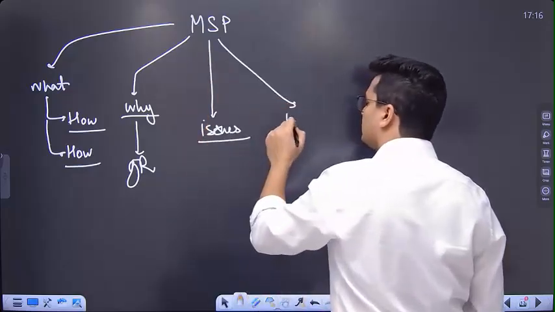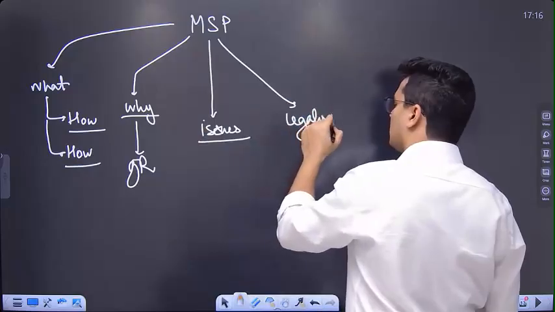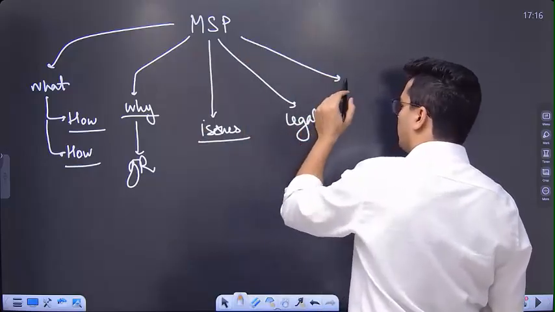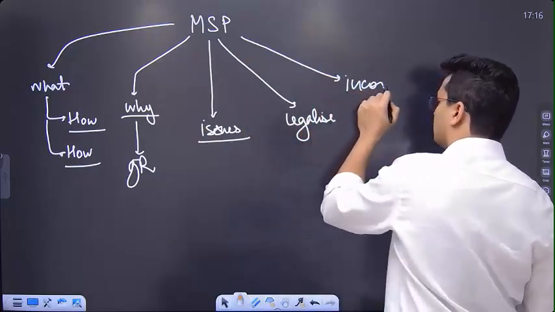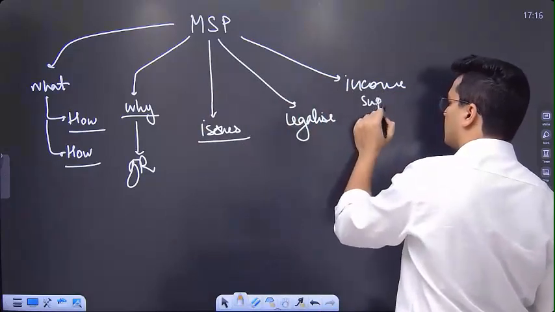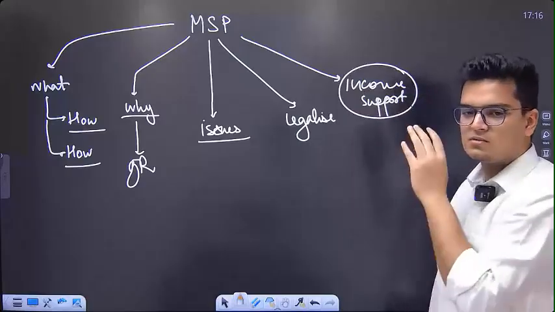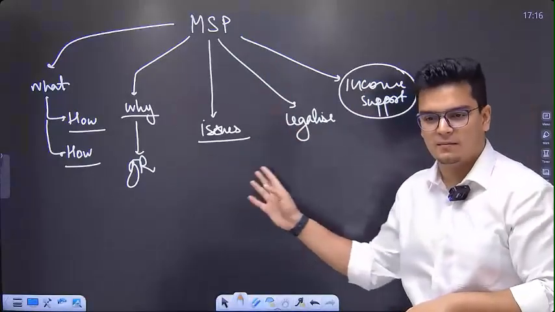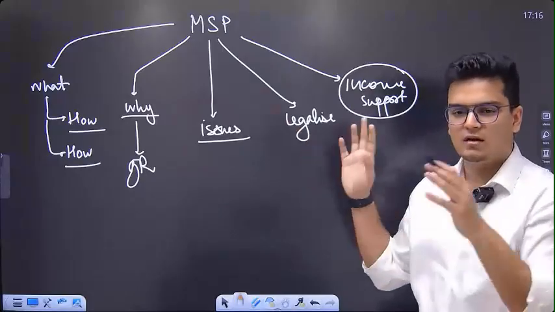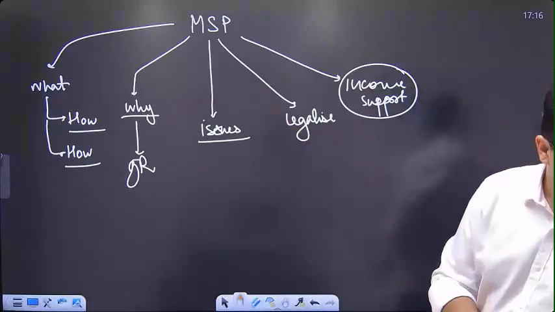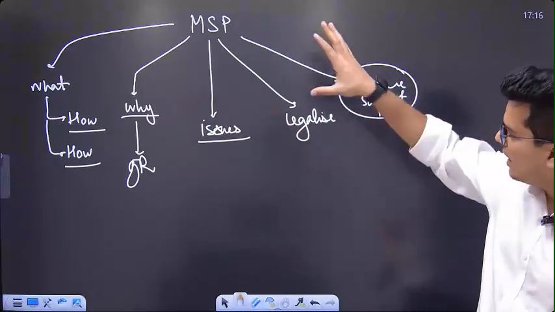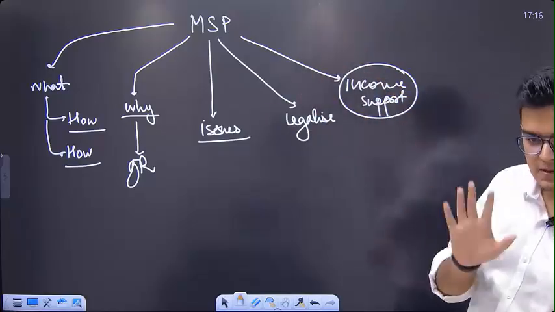Should I legalize it? If not, is income support a better solution? And what dynamics are there with regards to income support? And we have now read all of these dimensions. I don't think this is going to be a problem now for you, right? So we've sort of focused and understood the idea of MSP.